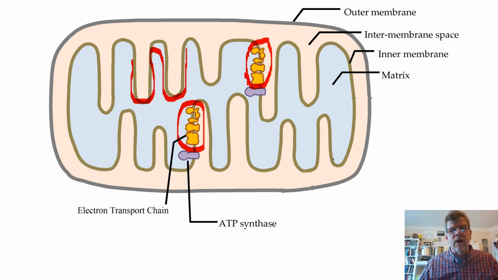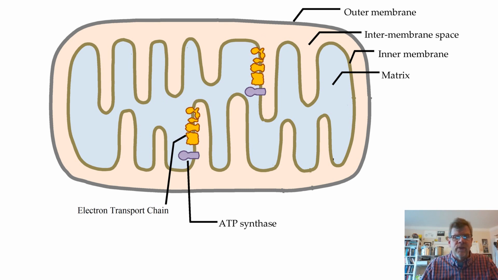The more electron transport chains that we can accommodate embedded into this inner membrane, the more ATP we can produce. So it is at the interface of these electron transport chains that we're going to be reoxidizing NADH back to NAD and FADH2 back to FAD.